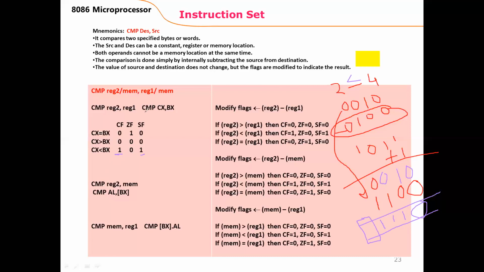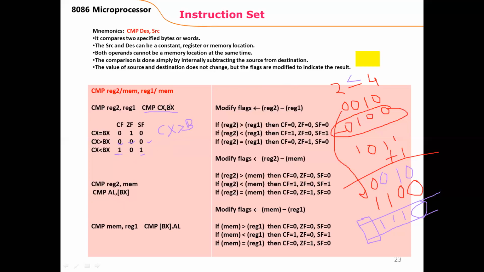So after comparing these two numbers by using this instruction, if CX content is greater than BX, then sign flag will be 0, carry flag will be 0, and zero flag will remain 0. In a similar way, if CX content is less than BX, then this will be the condition of the flags.